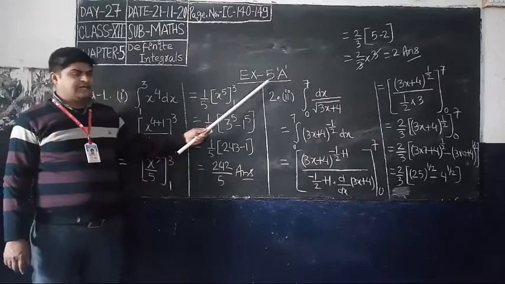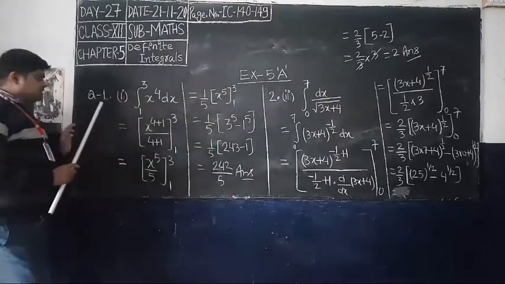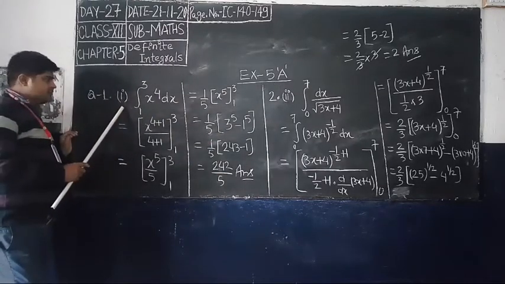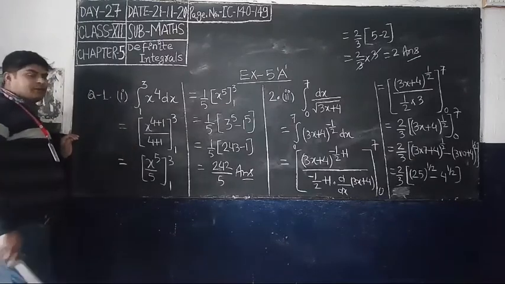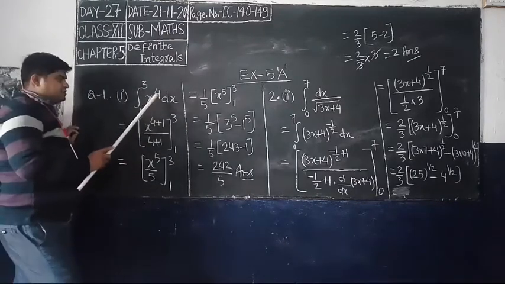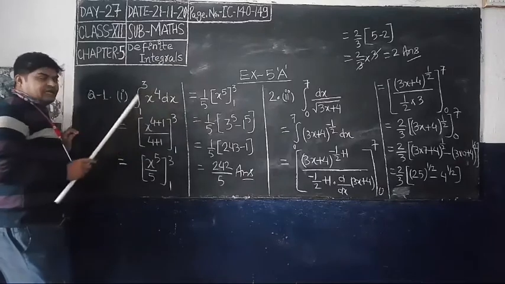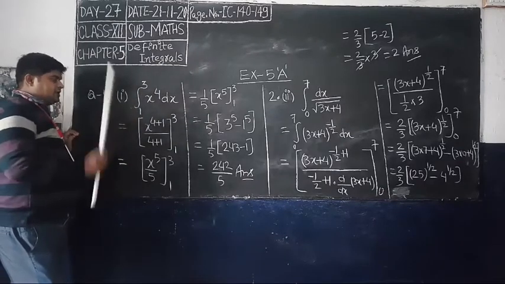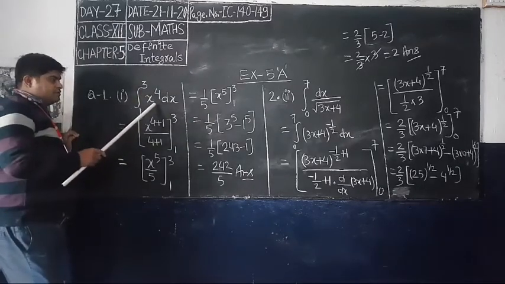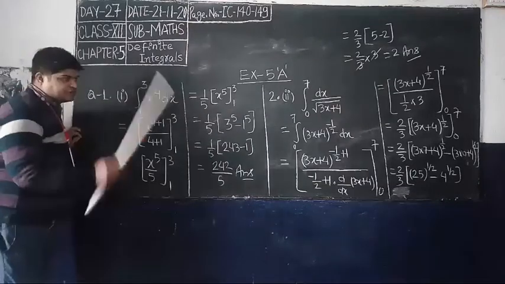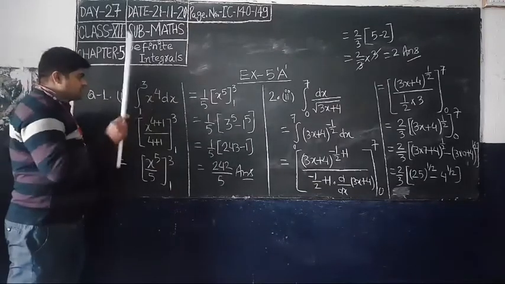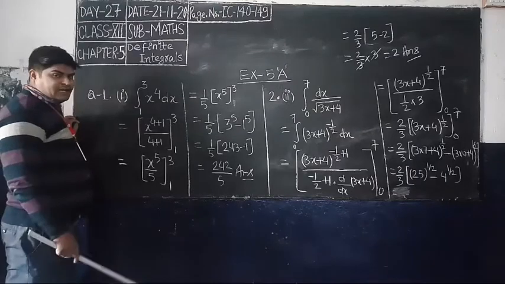Students, see exercise 5a, question number 1. In this question, we have to find the integration of x to the power 4 dx, with limits 1 and 3. You know the integration of x to the power n dx is x to the power n plus 1 by n plus 1.